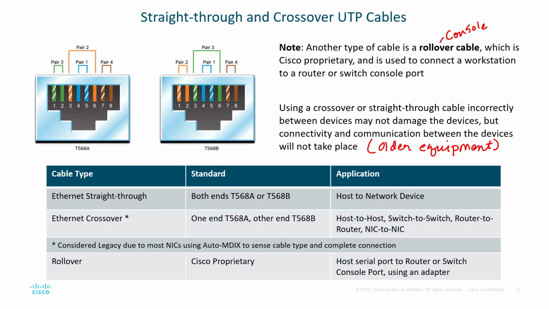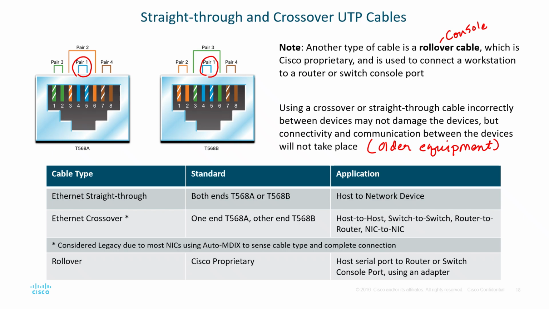Now, as you see up here, we have 2 different standards from TIA EIA. One is the 568A and one is the 568B. What you're going to notice from this is how the pairings happen. Pair 1 is the same between both. Pair 2 is different.